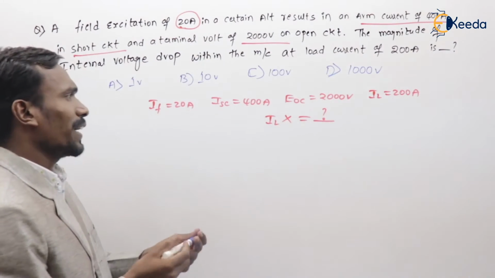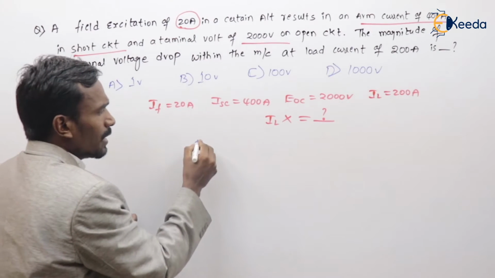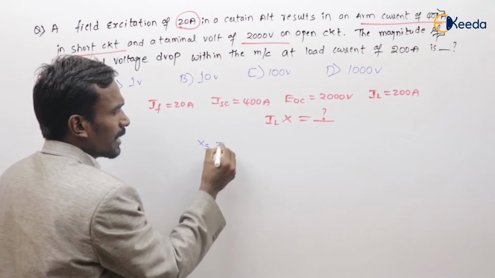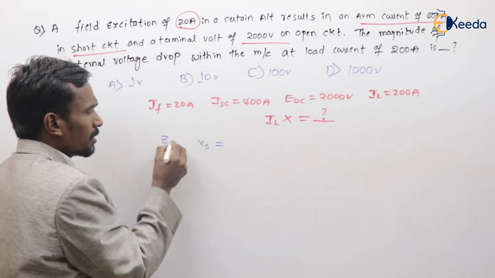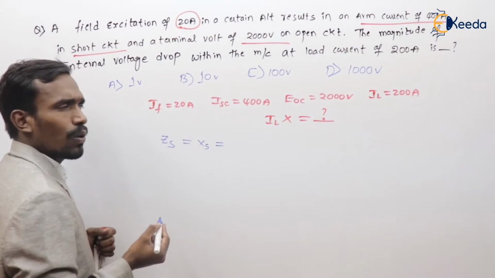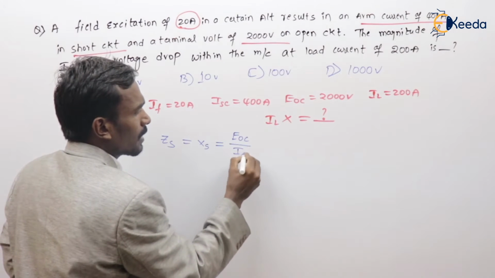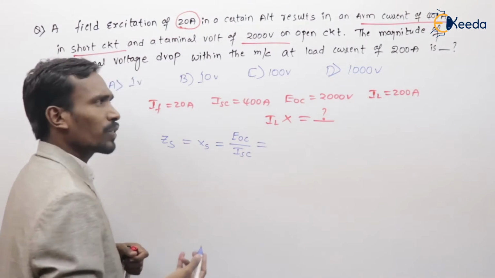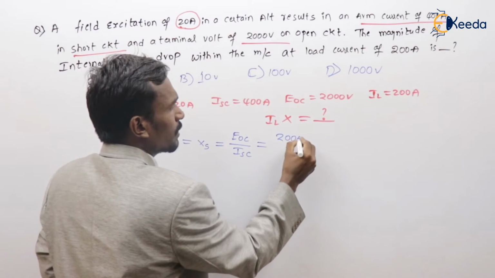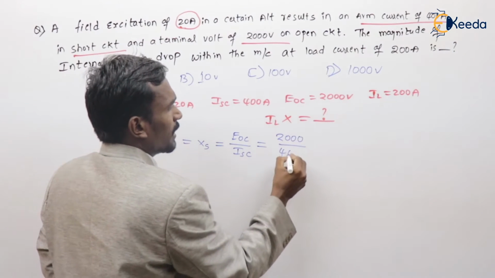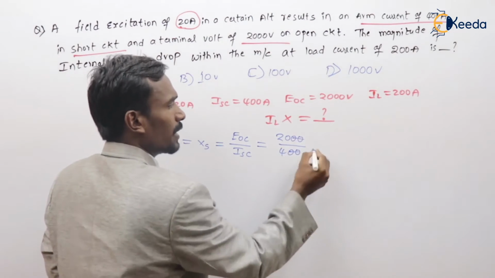So first we have to find out the X value. XS, or ZS, is equal to EOC divided by ISC. What is EOC they gave? 2000. ISC they gave 400.